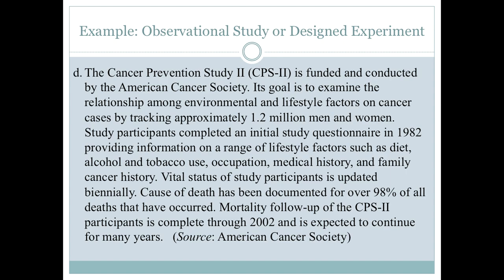Cause of death has been documented for over 98% of all deaths that have occurred, and mortality follow-up of the CPS2 participants is complete through 2002, and it's expected to continue for many years. So this is going to be a cohort study because we're taking these people and over time we continue to track them, okay? So again, we're just observing what's happening. We're not changing anything about these particular men and women, but we're studying them over time. So this is a cohort.